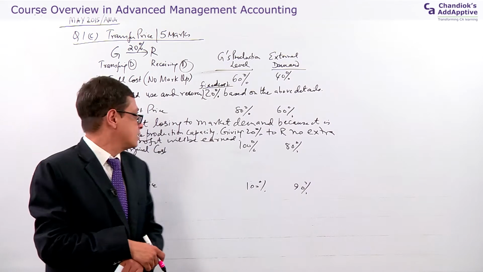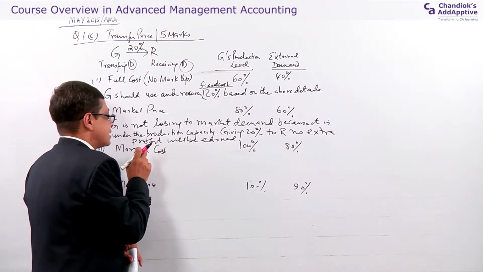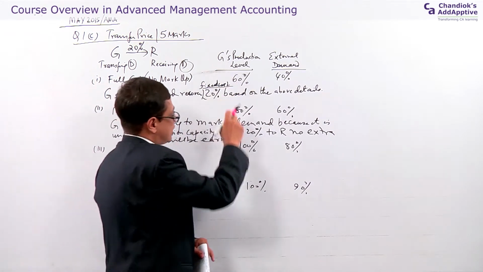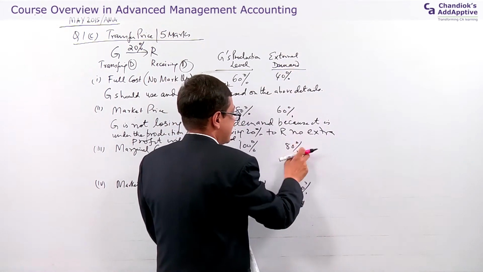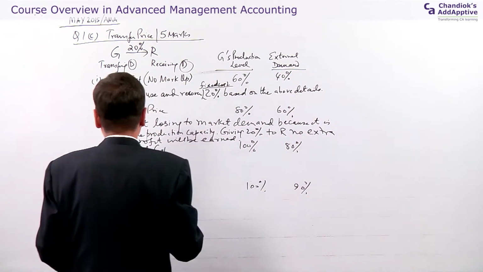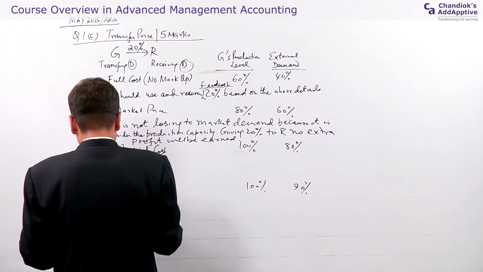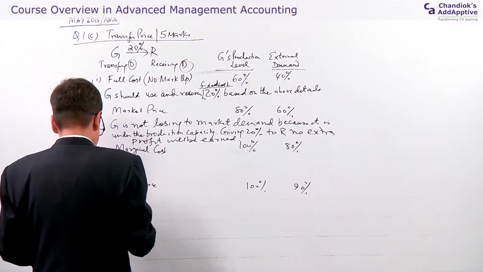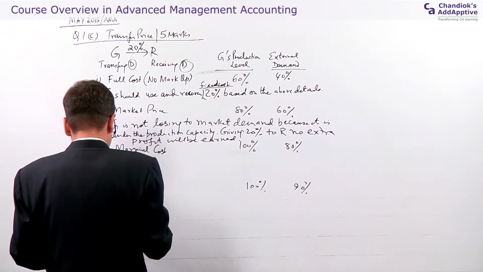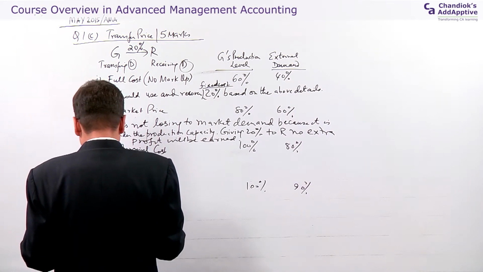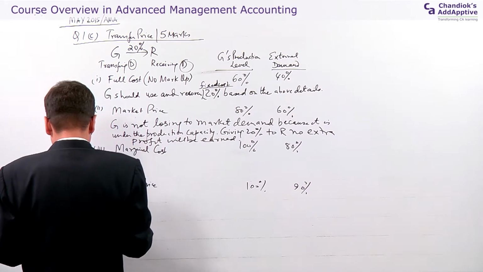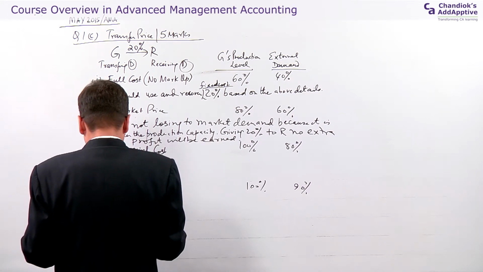The third situation says if it happens at marginal cost, when G's production level is full 100% and external demand is 80%. In this case, it says when G is working at full capacity and it transfers 20% of the production capacity at marginal cost, in that case G may not be able to recover fixed cost.